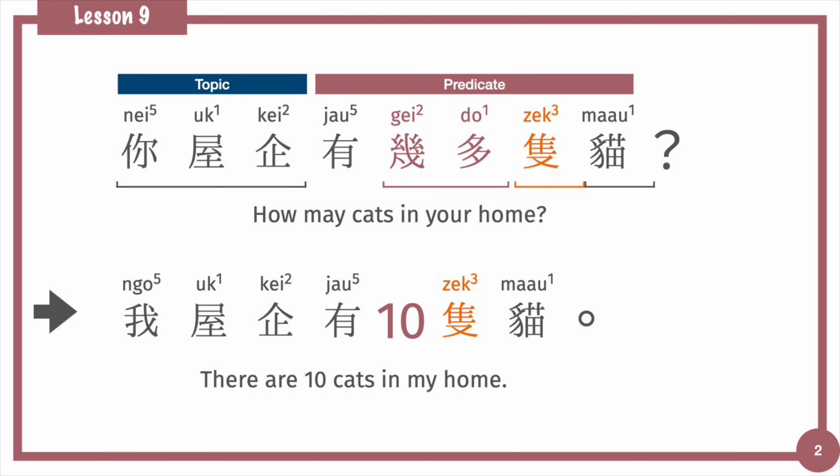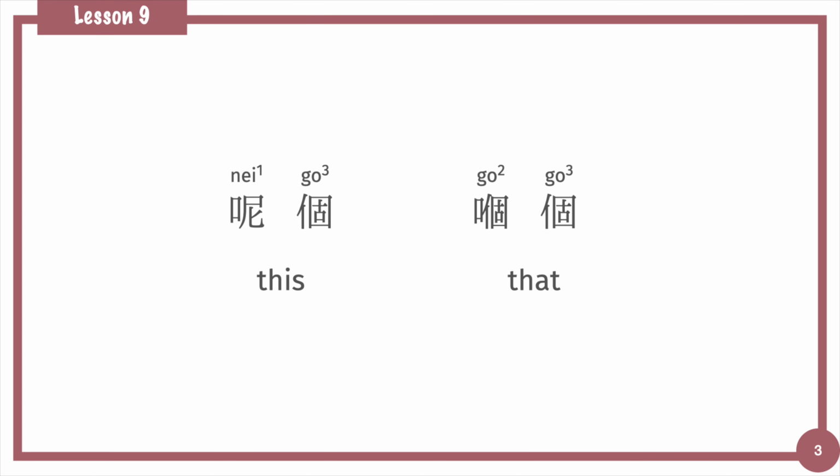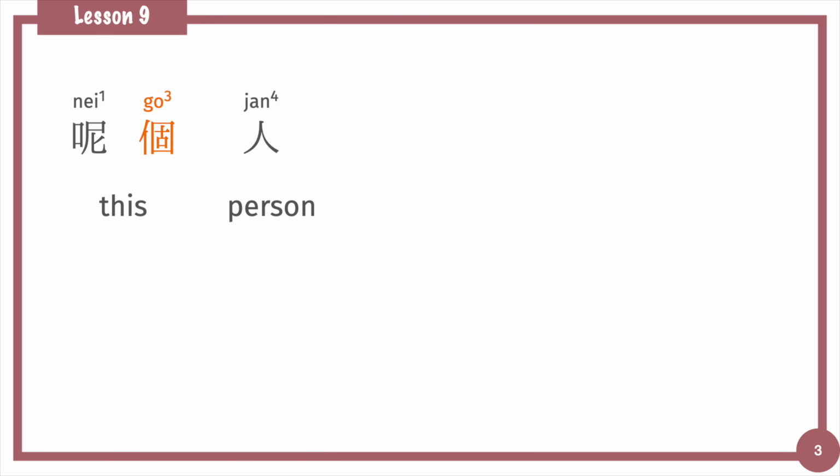In Cantonese, measure words are not only used for counting, but also acting after the demonstrative words like 呢 and 嗰. We have learned the demonstrative pronoun 呢個 this and 嗰個 that in lesson 2. In these phrases, 個 is the measure word for general item or people. The measure word changes depending on what you are pointing at, such as 人.